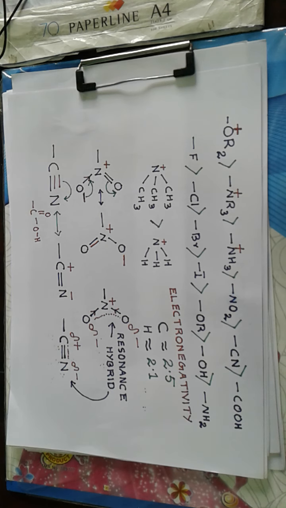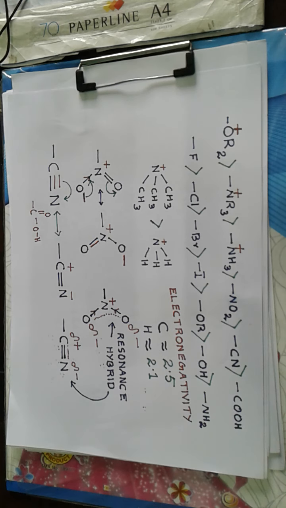A triply unsaturated carbon, that is carbon connected to a triple bond, is much more electronegative than carbon connected to a double bond. And this is because the triple bond formed between carbon and nitrogen contains a sigma bond and two pi bonds.